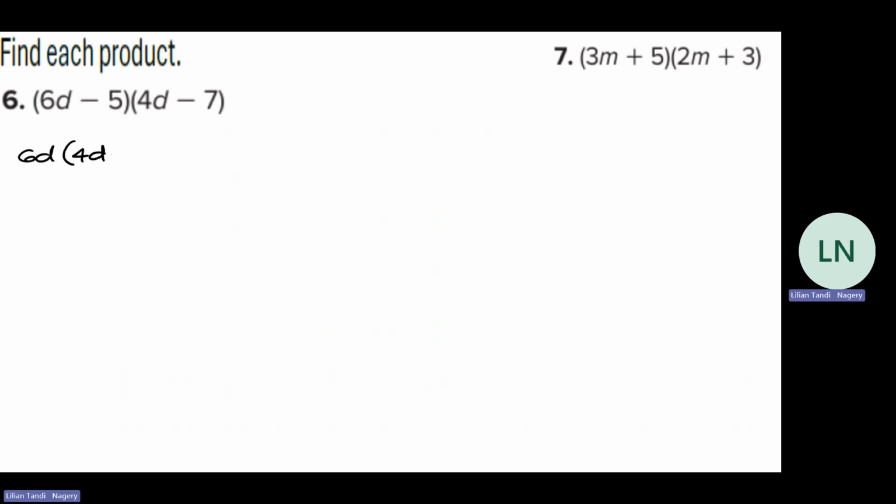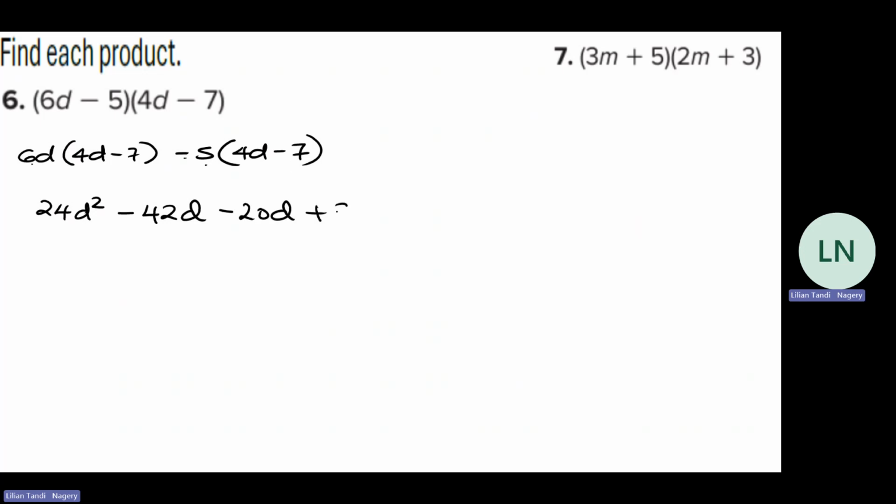6d times 4d minus 7, -5 times 4d minus 7. 6d times 4d, 24d squared. 6d times -7, -42d. -5 times 4, -20d. -5 times -7, plus 35.